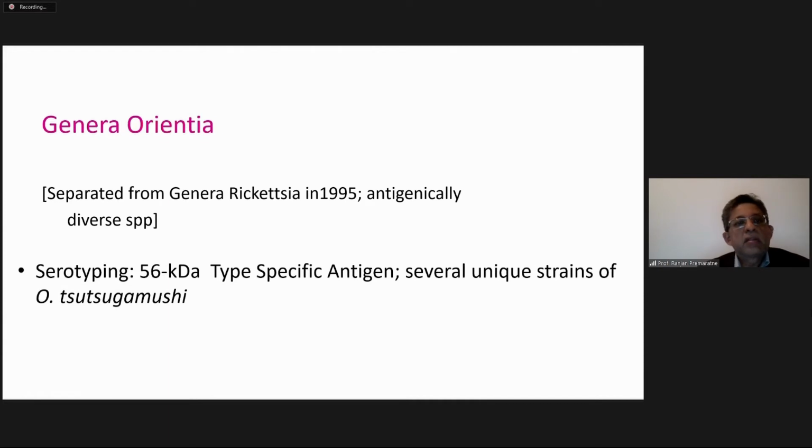Then Orientia tsutsugamushi was initially in the Rickettsia genus itself, but it was separated in 1995 based on its antigenic diversity. It is now called scrub typhus, or Orientia tsutsugamushi. I think that is the most prevalent rickettsial species, or typhus group species, found in northern Sri Lanka or Jaffna.